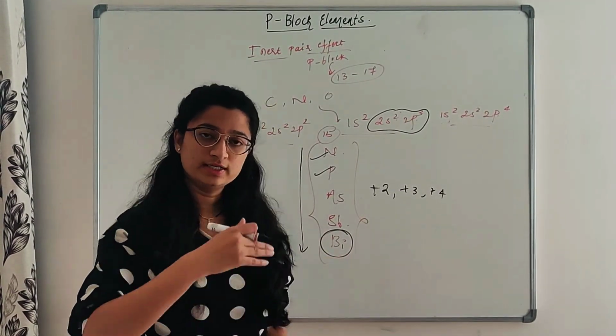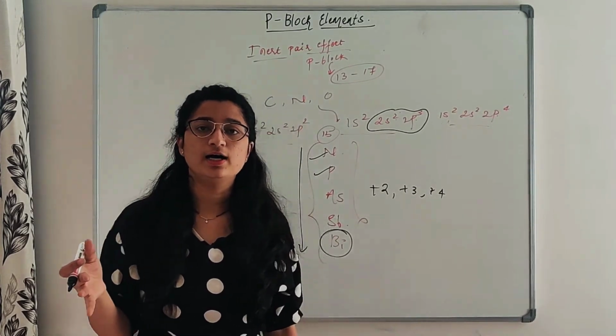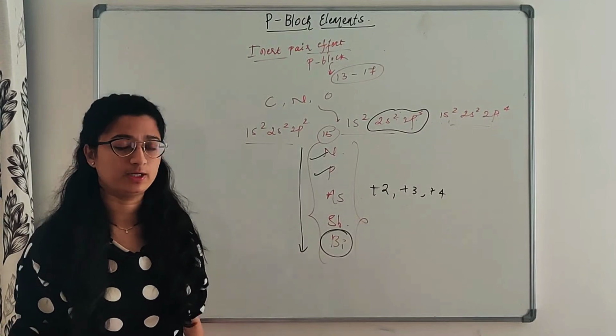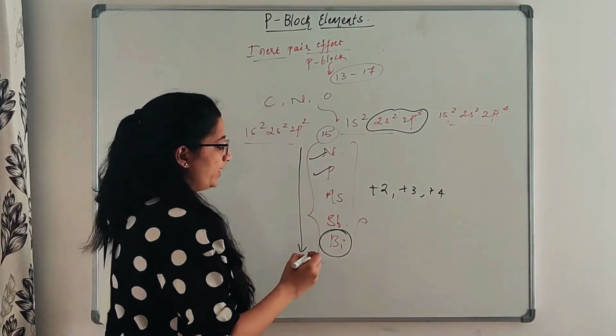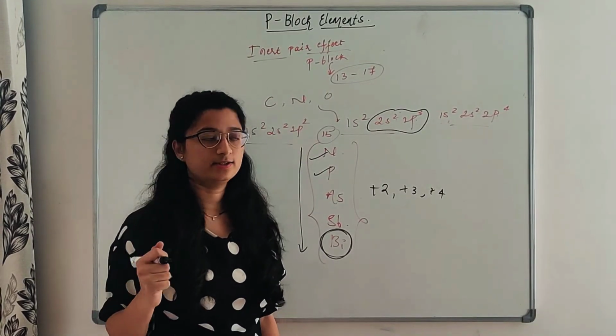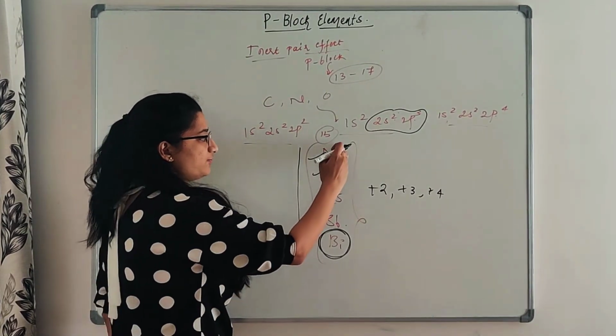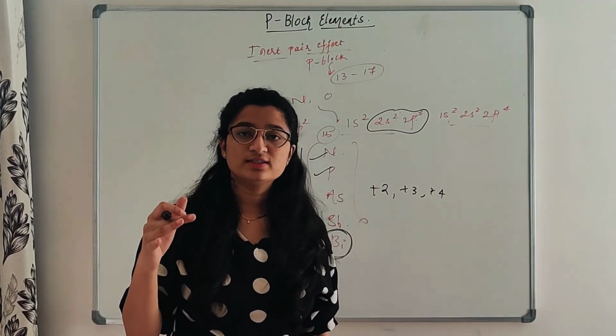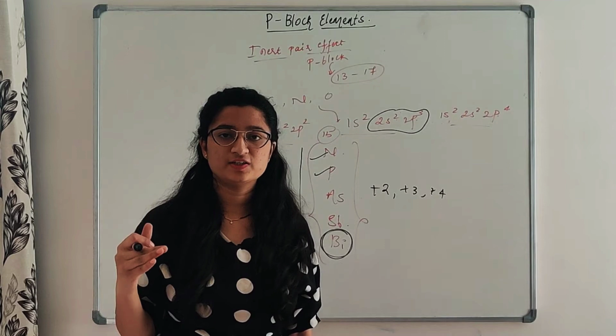This effect is applicable even to other group elements like groups 16, 13 and 14 as well. Now, why is there a decrease in the oxidation state? You know that as we move down the group, the nuclear charge will be continuously increasing.